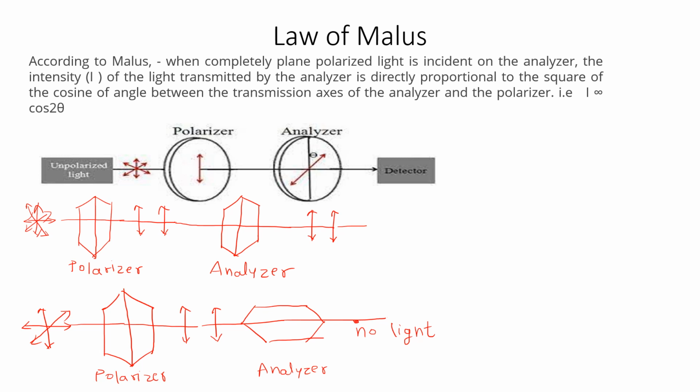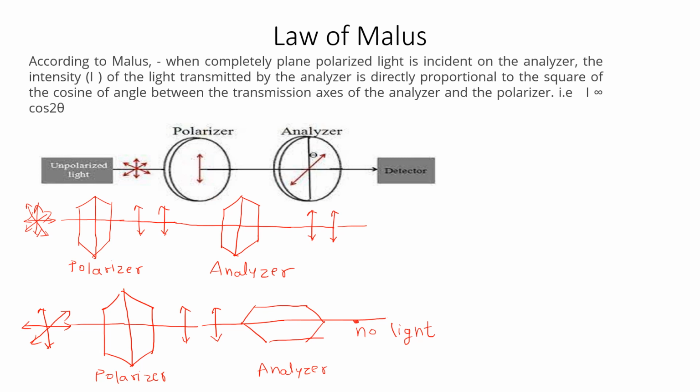This law says that when completely plane polarized light is incident on the analyzer, then the intensity of light which is emitted by the analyzer is directly proportional to the square of cos of the angle between the transmission axis of the analyzer and polarizer.